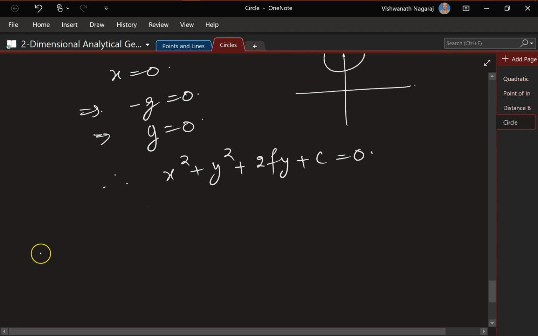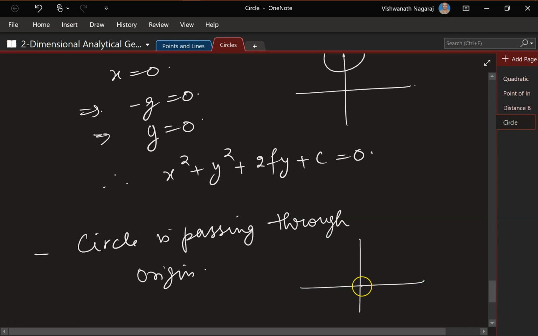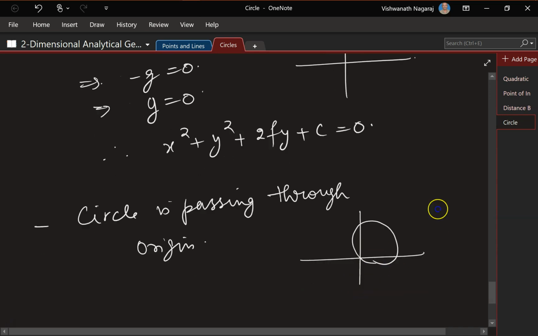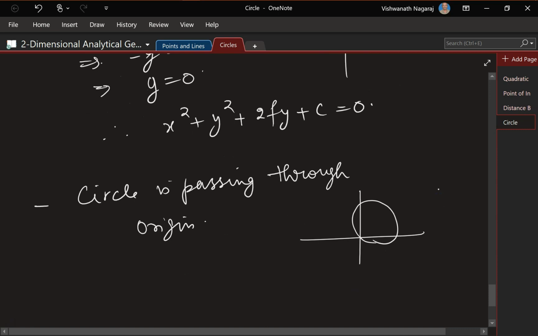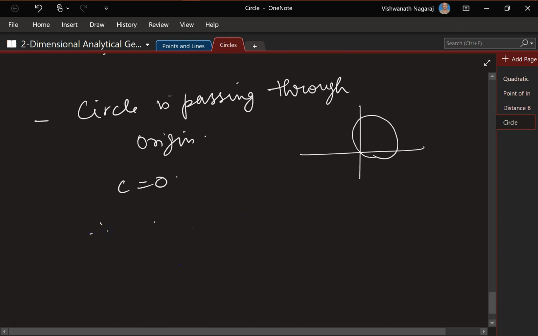Another situation is when the circle is passing through the origin. So you have something like this. It is passing through the origin, so here c would be equal to 0. Therefore the equation would become x square plus y square plus 2gx plus 2fy equal to 0; c will disappear.